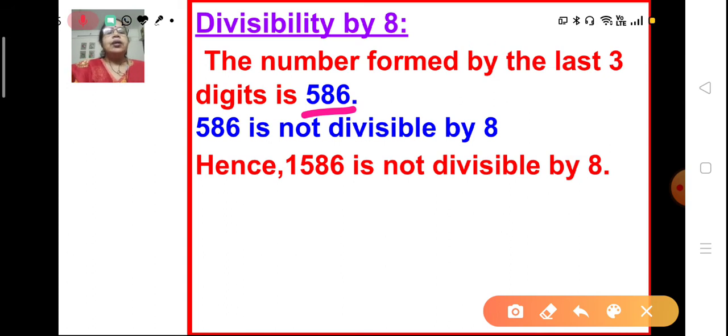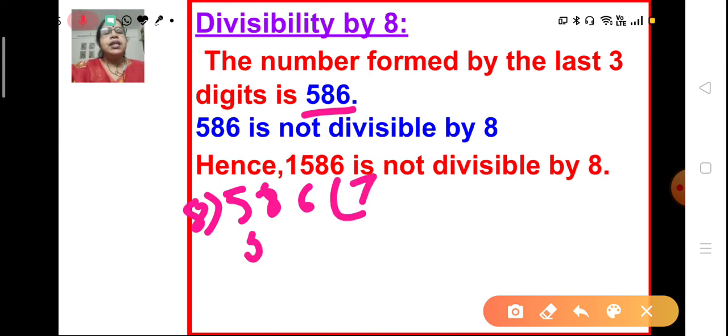And we can check that 586 is not divisible by 8. Let's check this. 586, 8 7 times is 56, isn't it? And 58 minus 56 is 2.